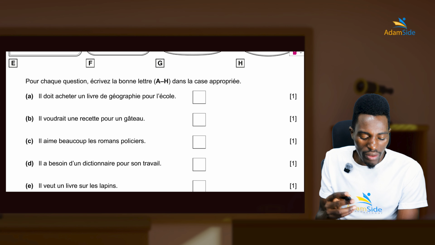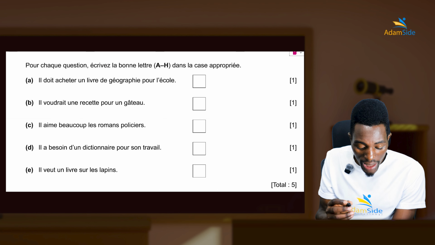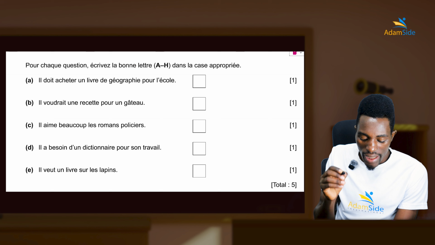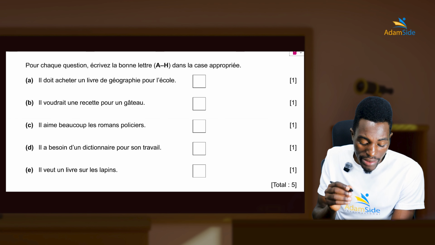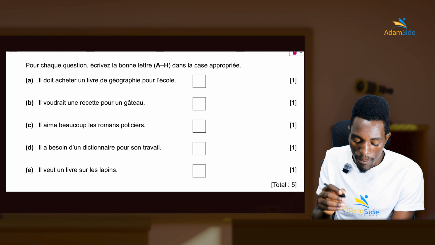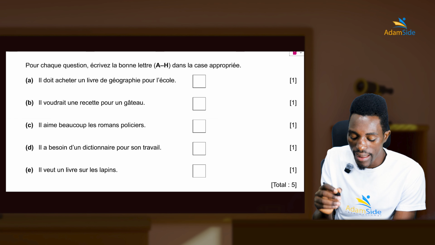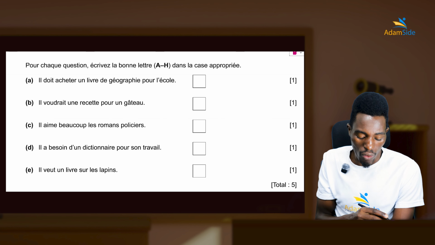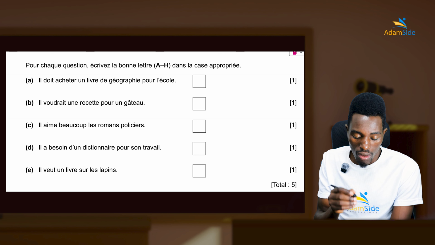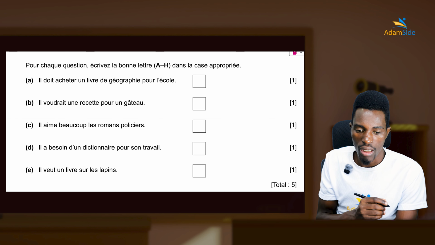So after we know the vocabularies, now the question is, pour chaque question, écrivez la bonne lettre de A à H dans la case appropriée. For each question, write the correct letter from A to H in the appropriate space. So what you have to do here is like what we did in question number 1.